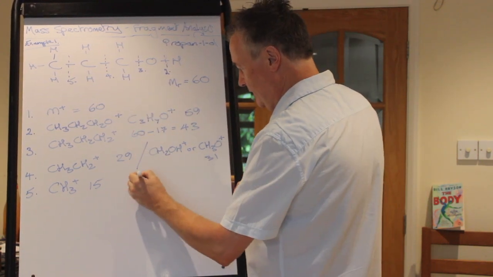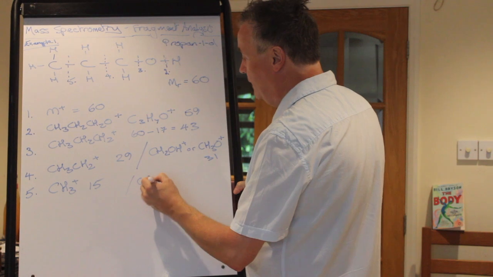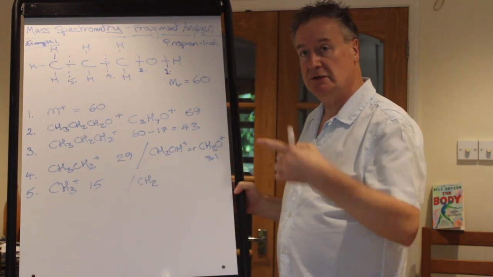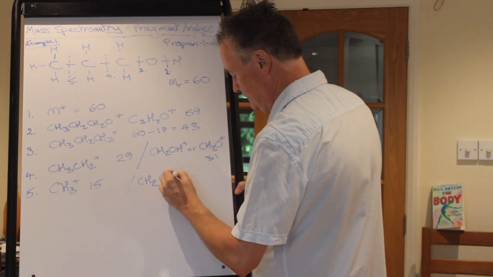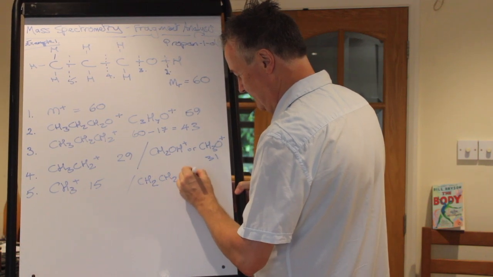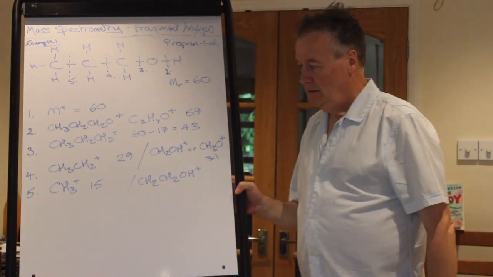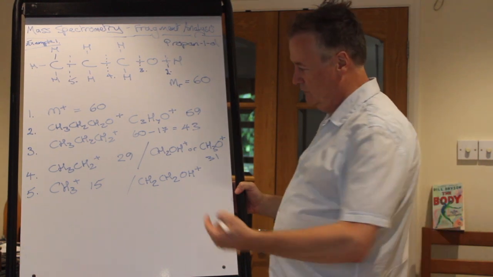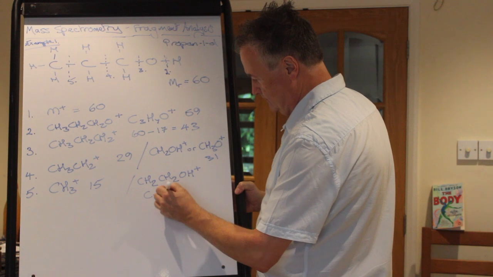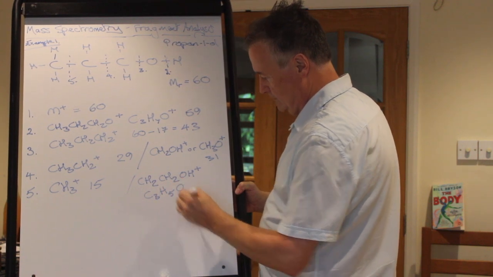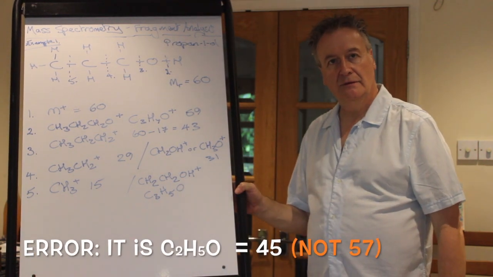And then that leaves you with, if you split this the other way and the CH3 dot was the free radical and this became the positive ion, you get that. Now that also adds up as that.